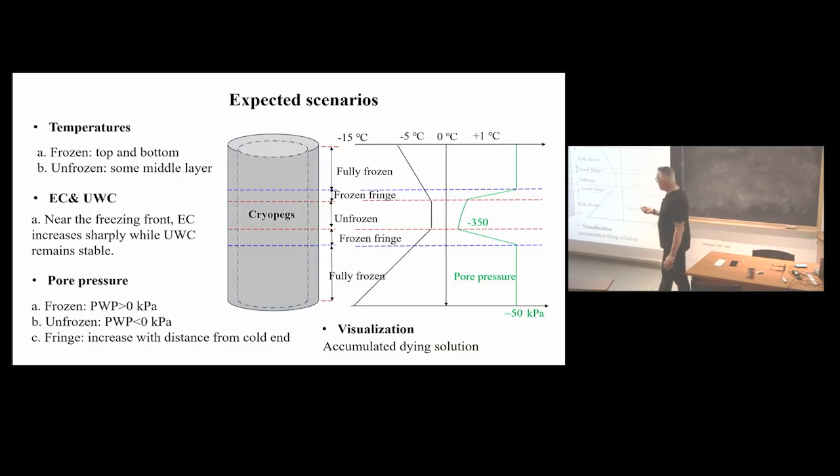The expected scenario is that by two-sided freezing, like we see in the field, we will be creating a cryopeg. So this is a new project. Cryopegs, you will find in terrestrial permafrost, following clay deposition. We work with the Alfred Wegener Institute and the Technical University of Munich.